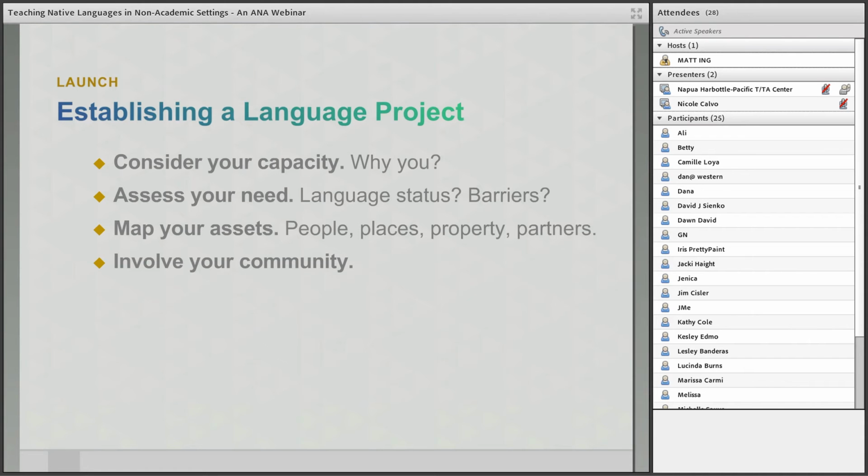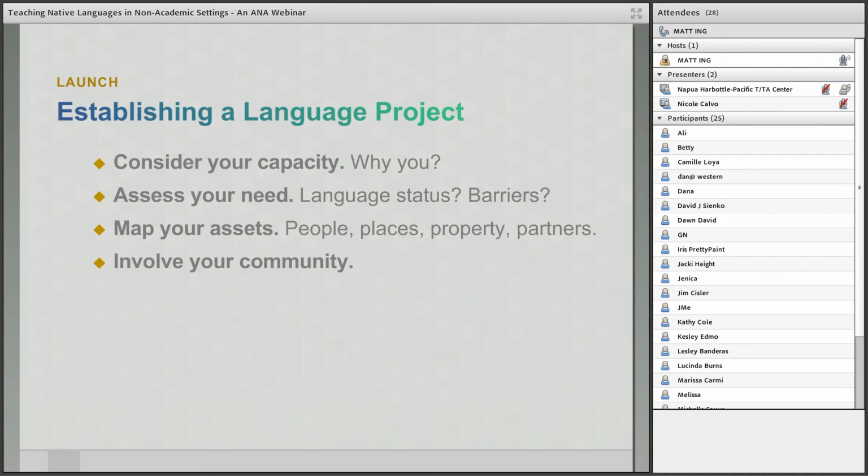Like, are the people in places where it would be a natural way of bringing together people to learn the language? What are some of the partners that you need to really make this work well? In many communities, especially with non-academic language learning, there's not that many resources as far as material resources like papers, pens, overheads, that kind of things.